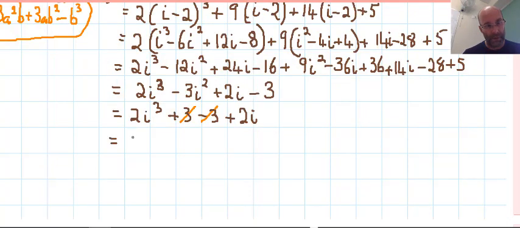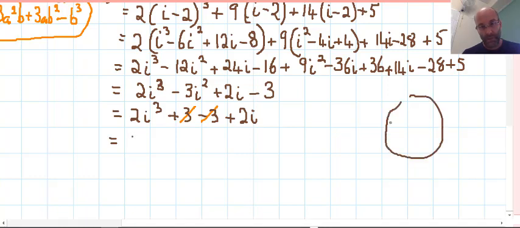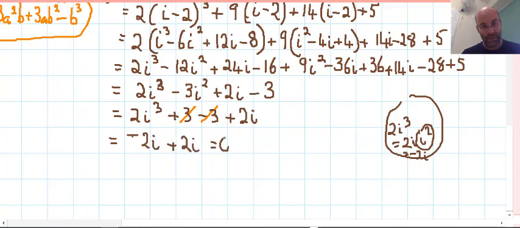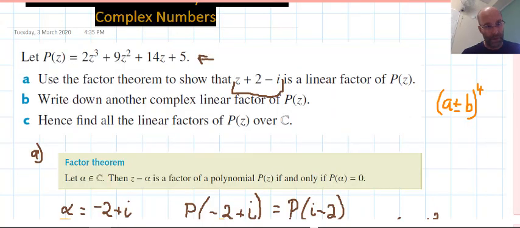Now we can unpack this as 2i cubed equals 2i times i squared. So that i squared is negative 1, so it's equal to negative 2i. So we've got negative 2i there, plus 2i, and that indeed equals 0, which is what we wanted, so yes, it's a factor.